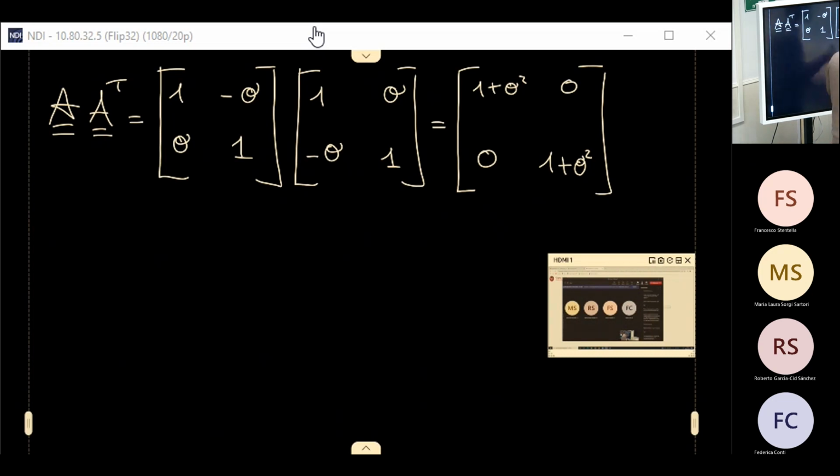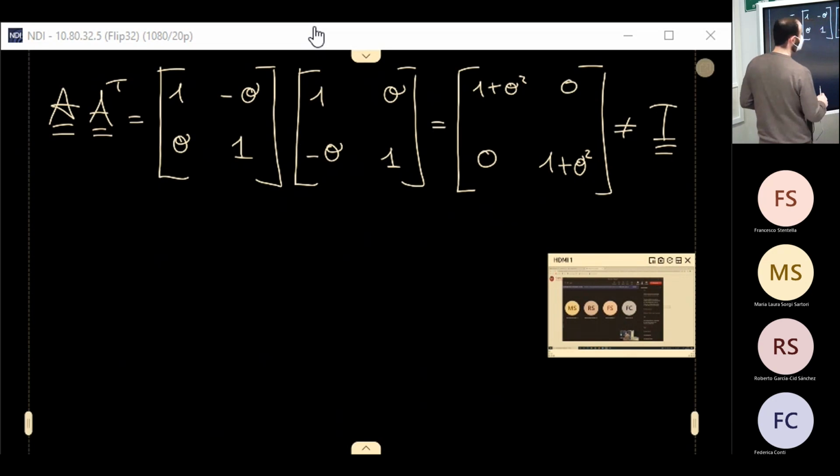Since this should be an identity matrix, in order to do that, we should divide these two quantities by the same factor. So we pre-multiply this one by 1 over 1 plus theta squared, and this by 1 over 1 plus theta squared.